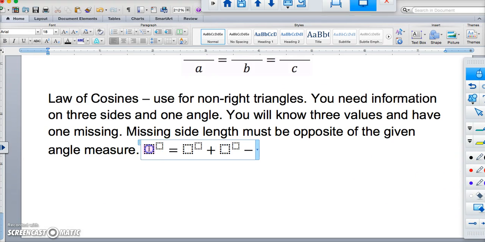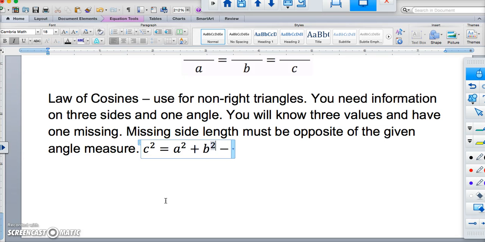Alright, so the law of cosines says c squared equals a squared plus b squared minus 2ab cosine c.